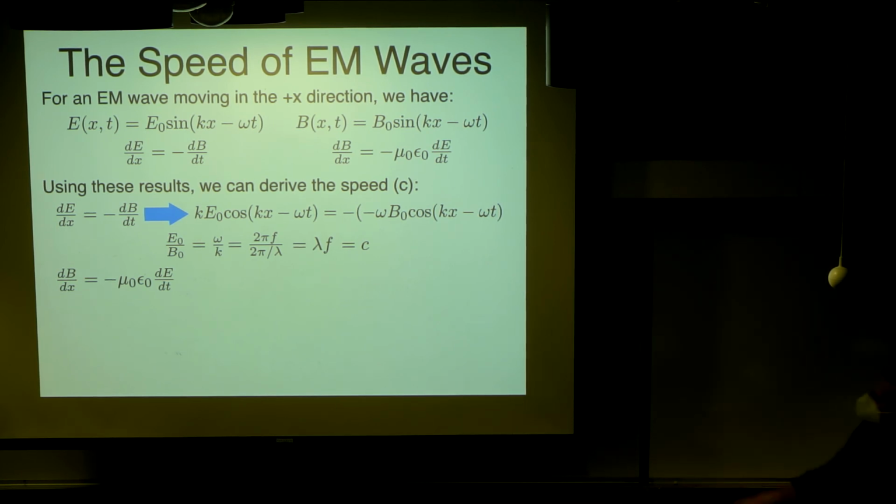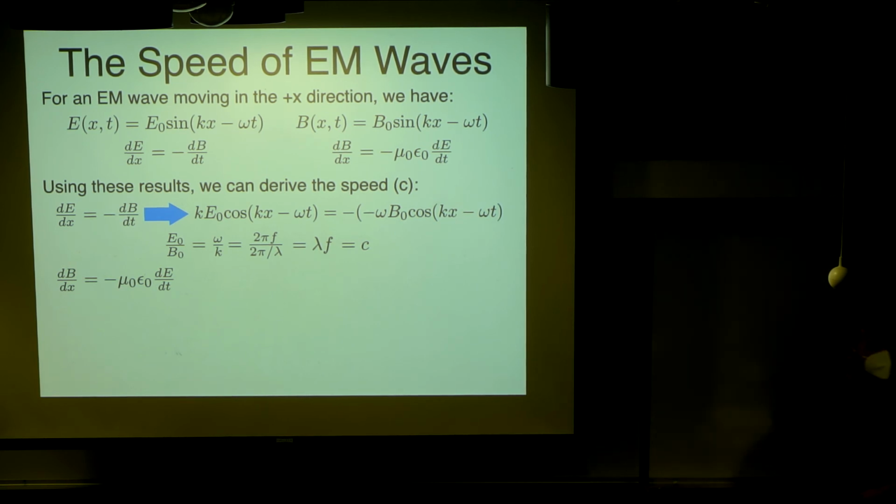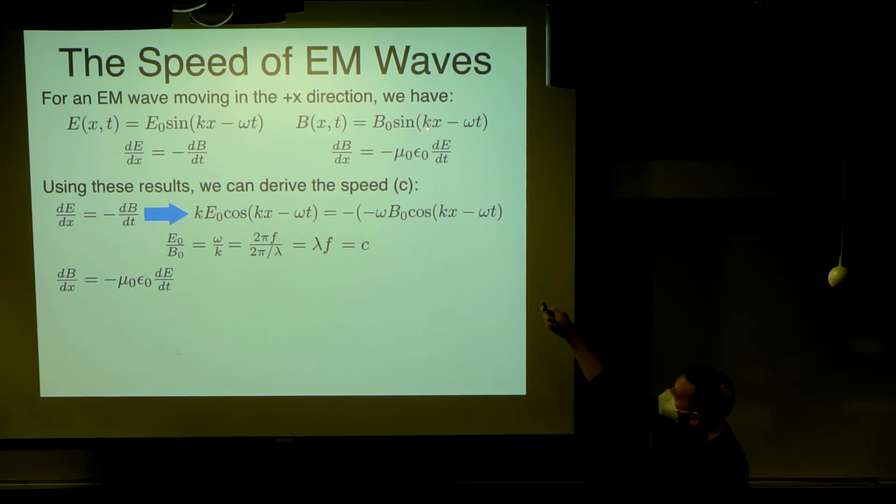If this is B, what is its derivative with respect to x? Yeah, so k is going to be pulled out times B naught. This becomes cosine. Yeah? What's dE/dt from this guy? Negative omega E naught cosine.